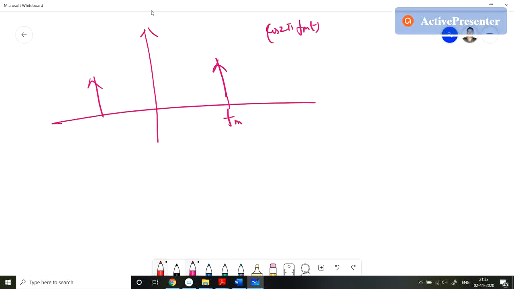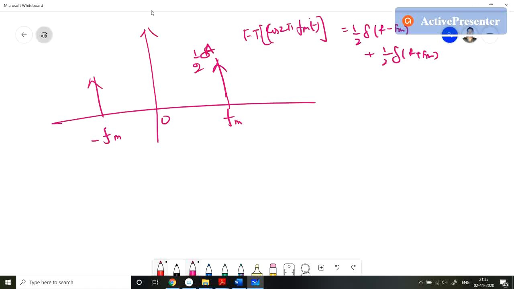One frequency is present at fm, another frequency is present at minus fm. So the Fourier transform of cos 2πfm t is equal to 1/2 δ(f minus fm) plus 1/2 δ(f plus fm).